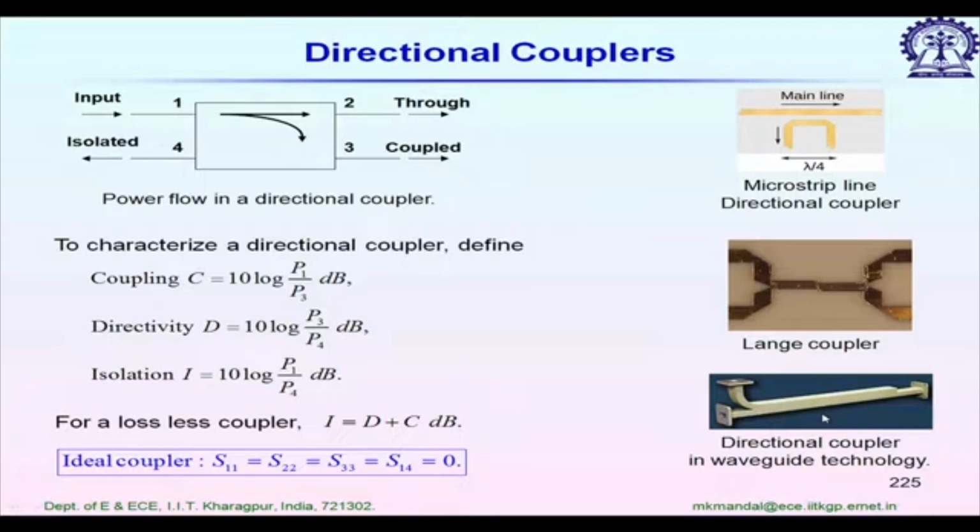Now, in case we need a higher coupling level: usually for microstrip line or other directional couplers, the power available at the coupled port is quite small, typically 10 or 20 dB down compared to the through port. Let us say we need equal power splitting between the coupled port and the through port.